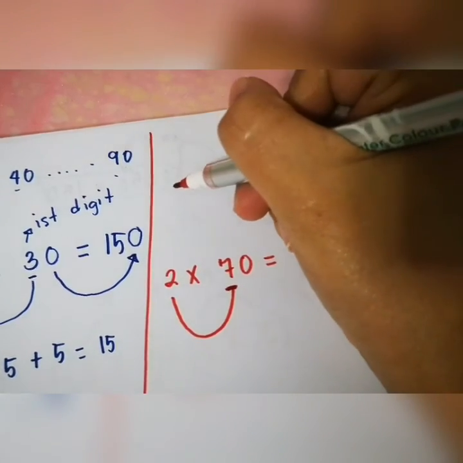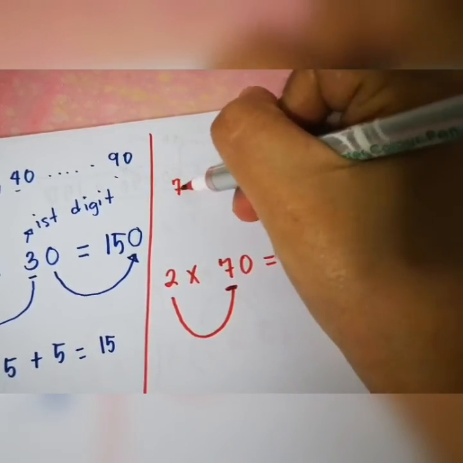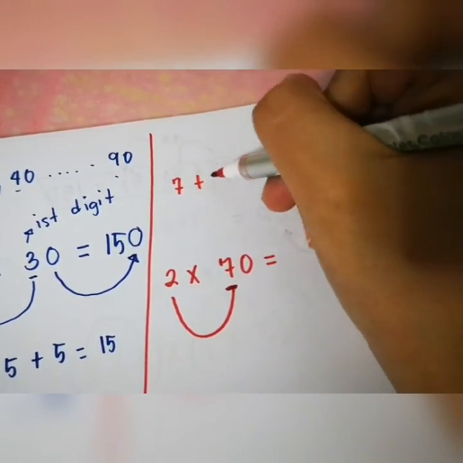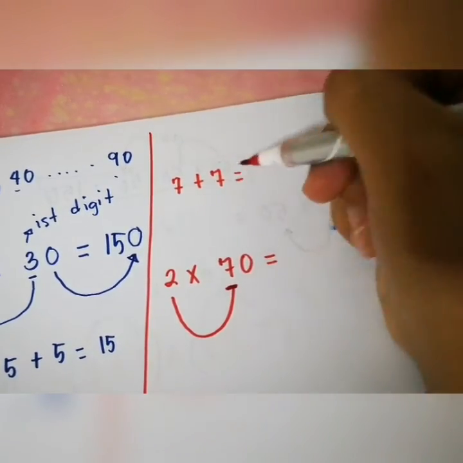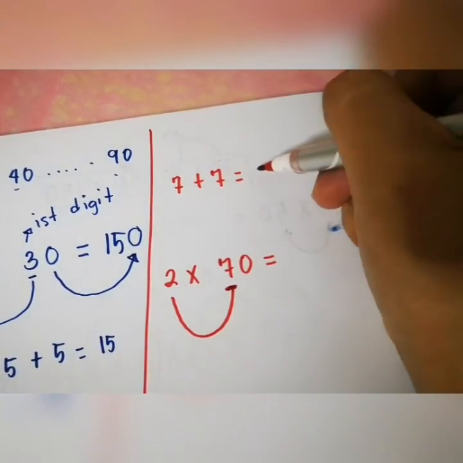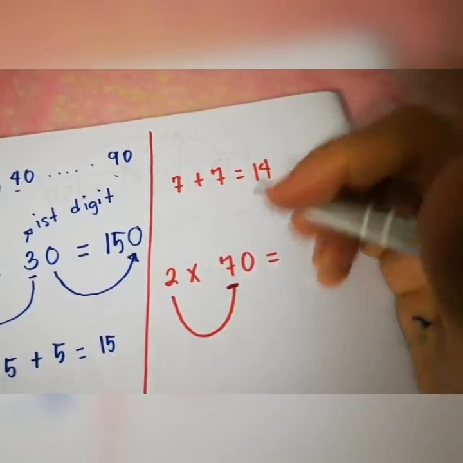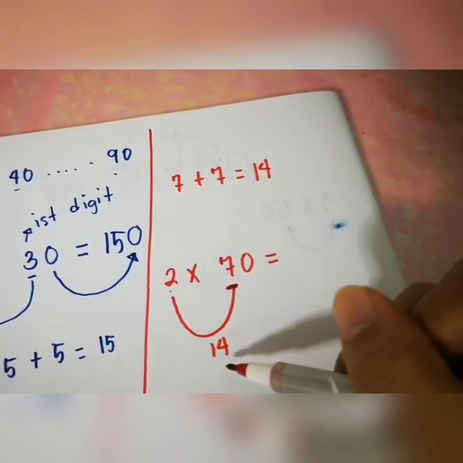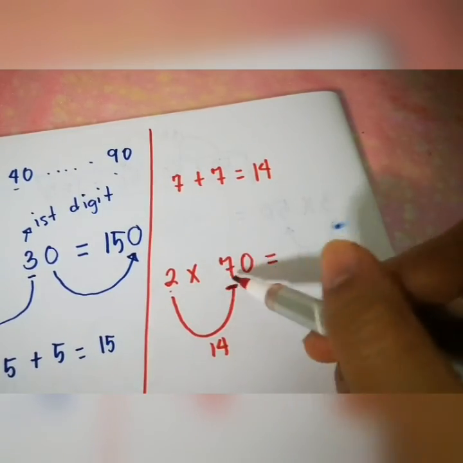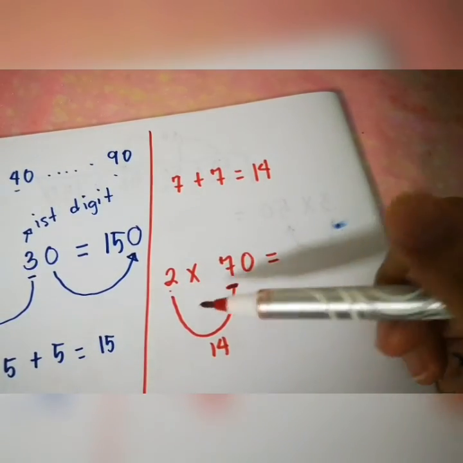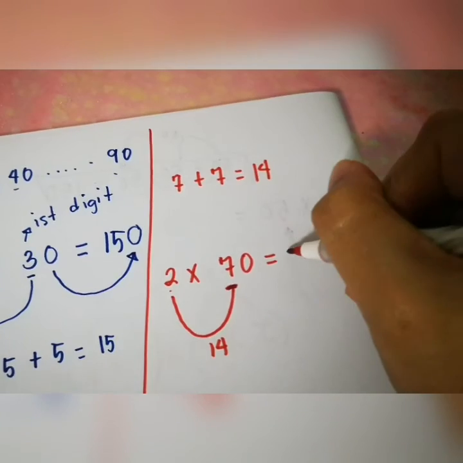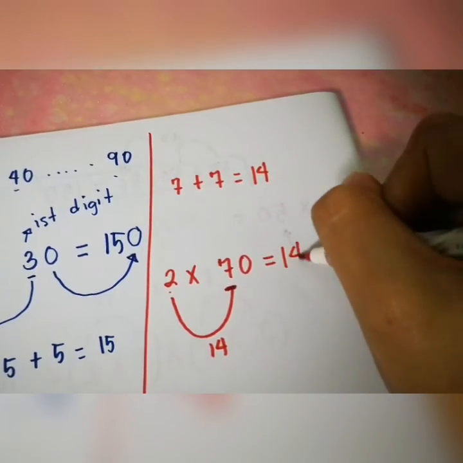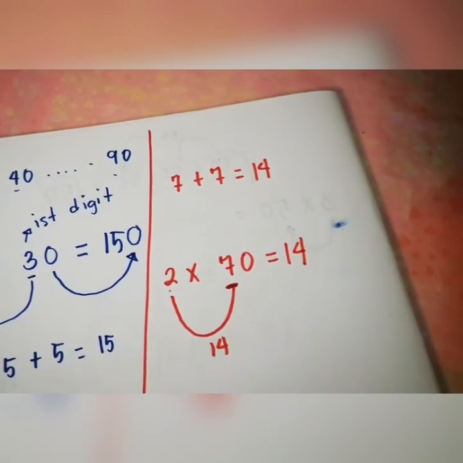Let's use the expanded form. 7 plus 7, which is equal to 14. So 2 times 7 equals 14. This is our product of 2 and 7. So we will put 14 here as our answer.